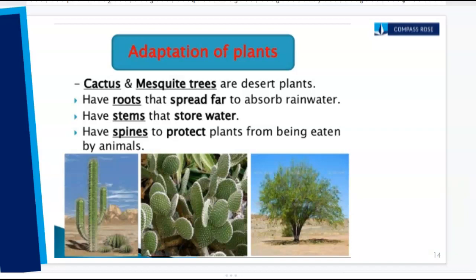They do have the spines to protect themselves from being eaten by animals because animals need water. And this is what they're going to be looking for mainly in order to be able to get the water when there is very little rainfall. So as you can tell, these plants have adapted from other plants in other locations by having these spines and these spikes so that way animals will stay away from them.